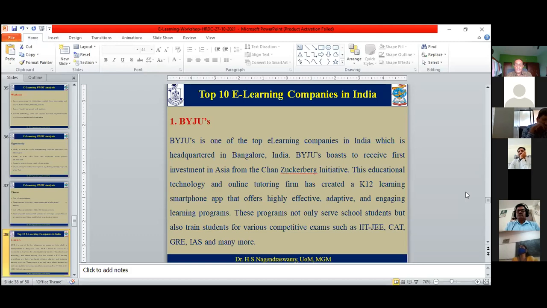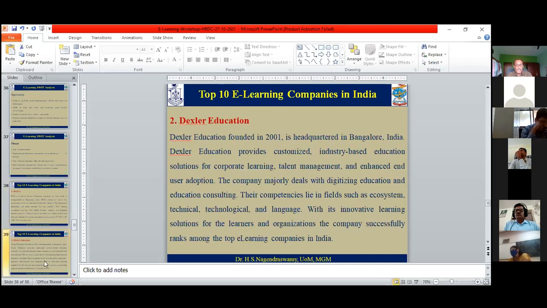This education technology and online tutoring firm has created a K-12 learning smartphone app that offers highly effective, adaptive, and engaging learning programs. These programs not only serve school students, but also train students for various competitive exams such as IIT, JEE, CAT, GRE, IAS, and many more. I hope many of you are already familiar with this Byju's company.